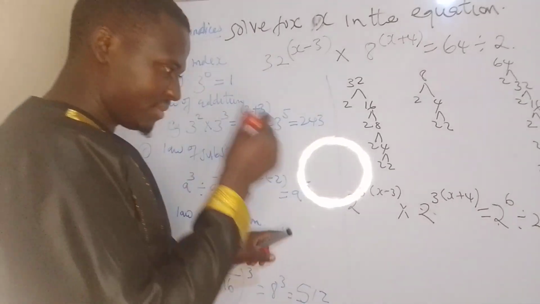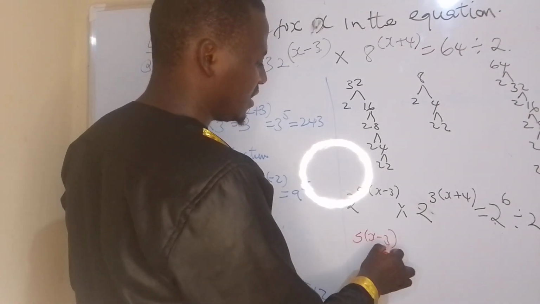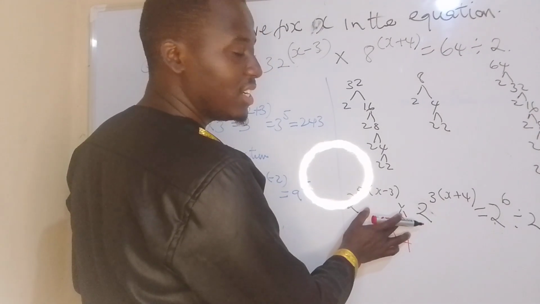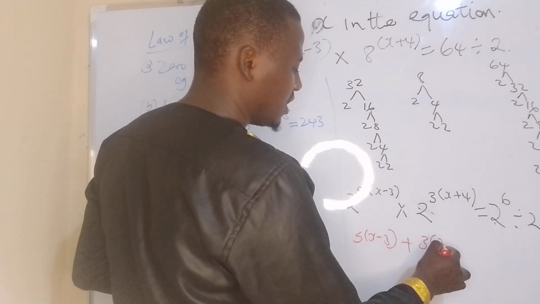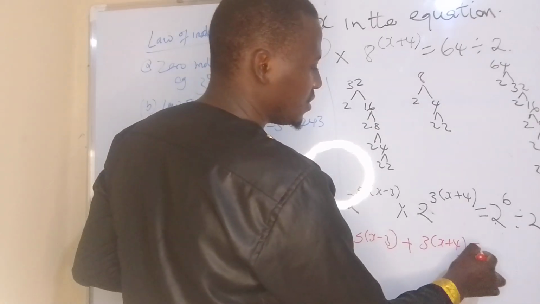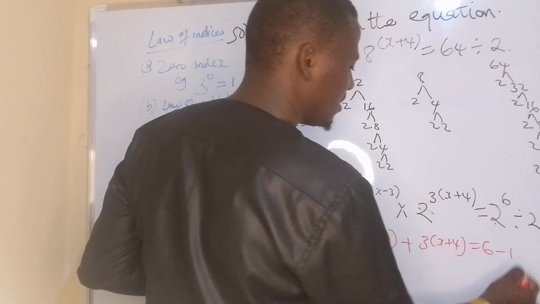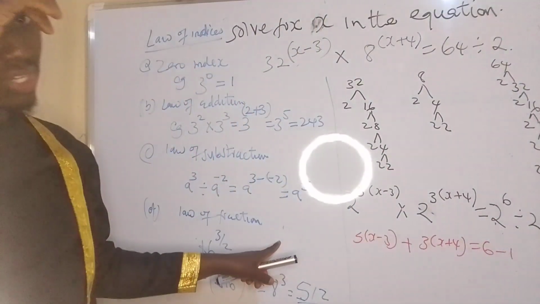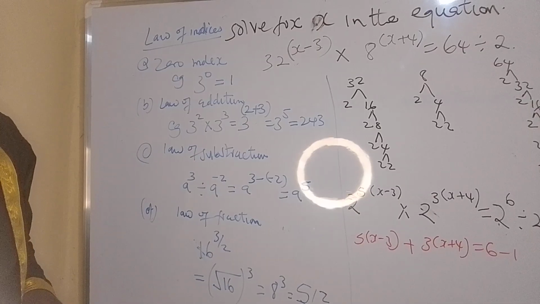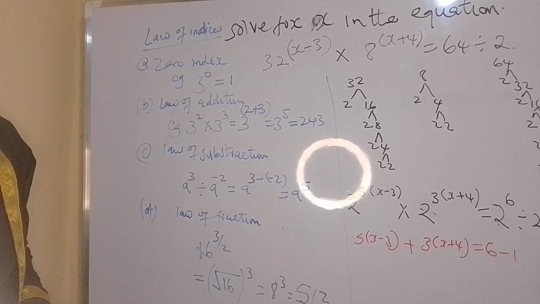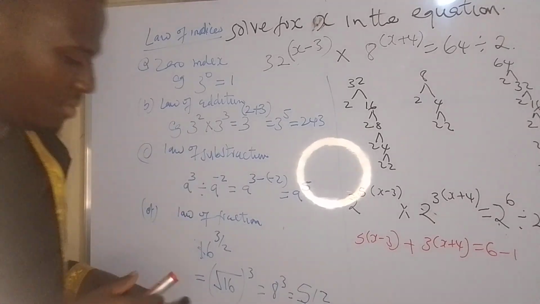We take 5 into x minus 3 plus, because it's the law of addition and in between them is multiplication, 3 into x plus 4, is equal to 6 minus 1. It should be minus 1 because 2 is raised to power 1.